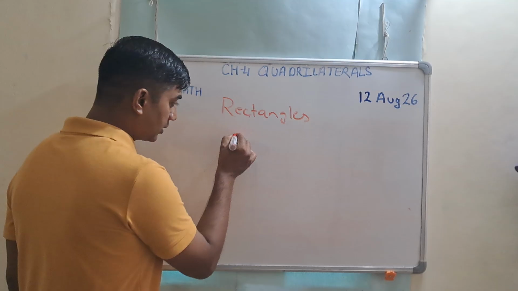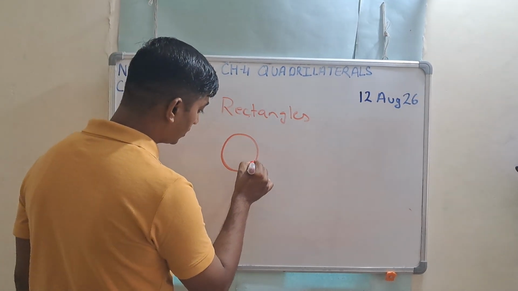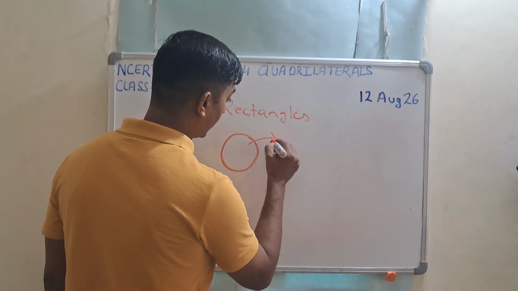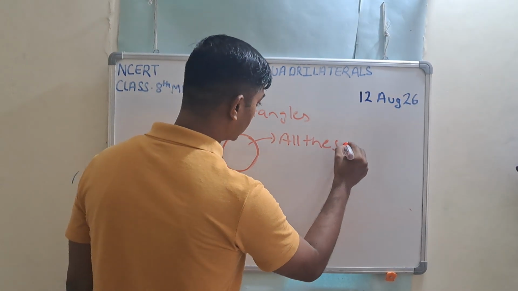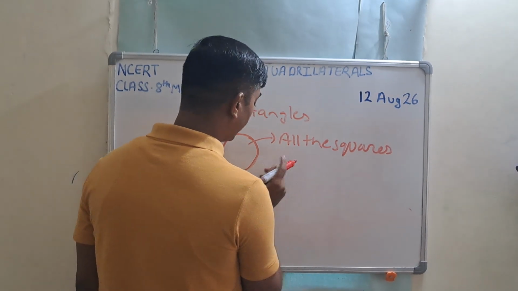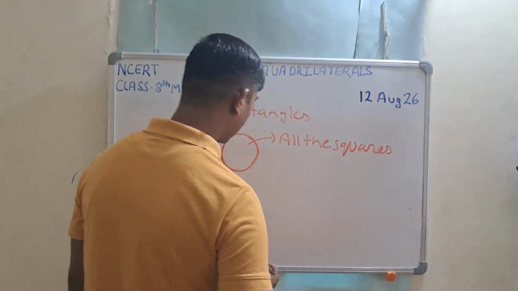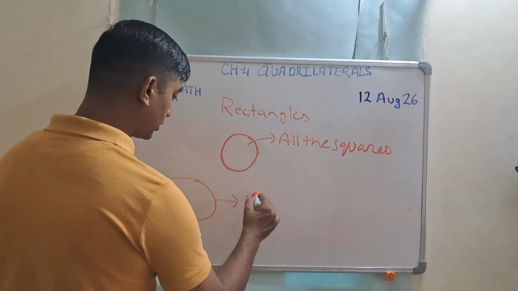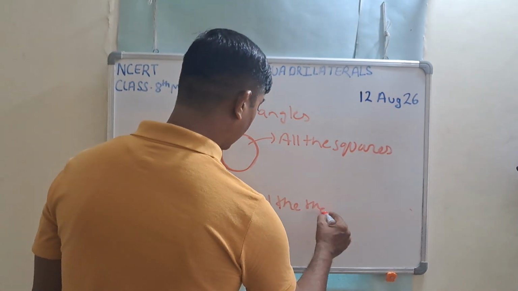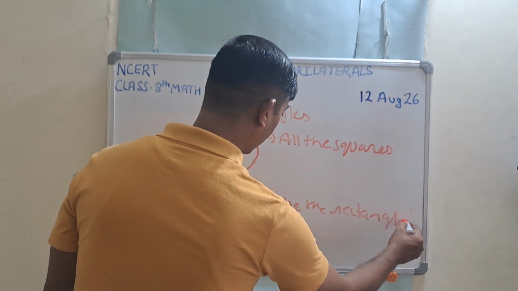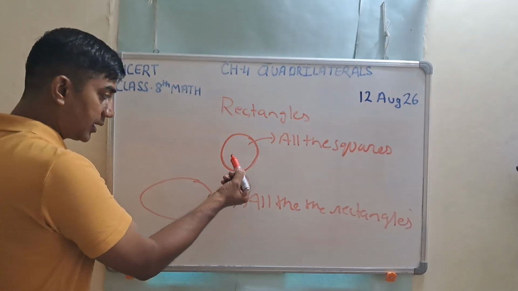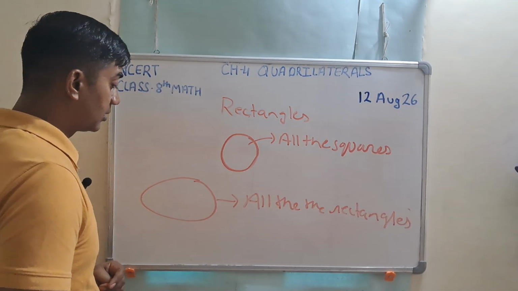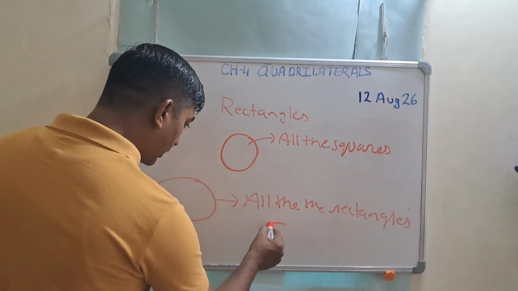So if we say that this figure is representing all the squares and this figure is representing all the rectangles, when we draw them combined, the rectangle is the bigger figure.